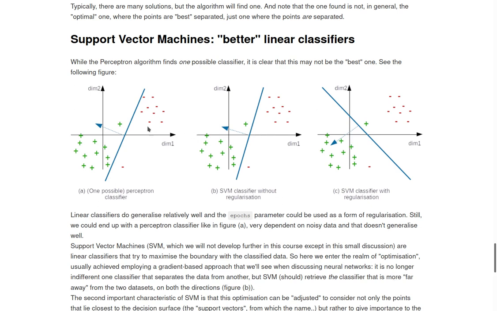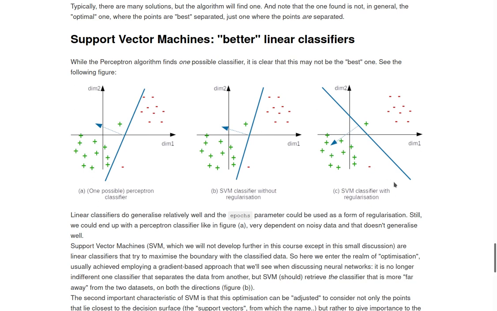So it's no longer indifferent to which classifier separates the data, but with SVM we should find the classifier that is farthest away from the dataset in both directions.